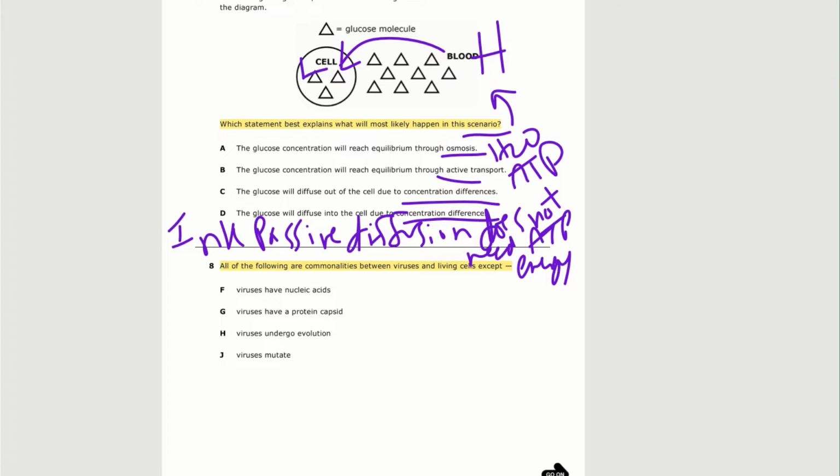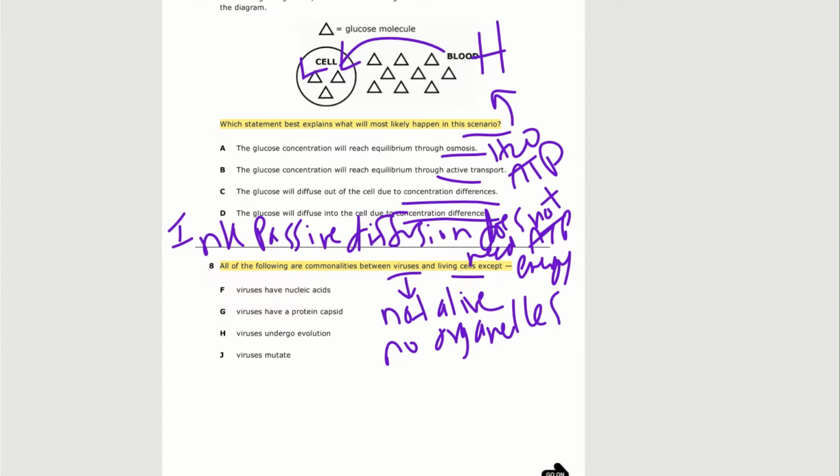Okay, so all of the following are commonalities between viruses and living cells, except, now we haven't spoken much about viruses, but these are some things you need to know. Viruses are not alive. No organelles, because it's not alive.